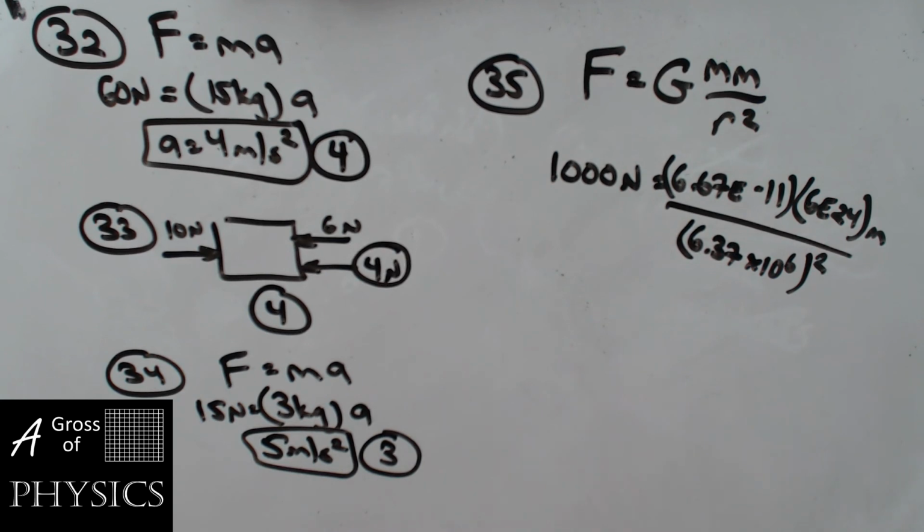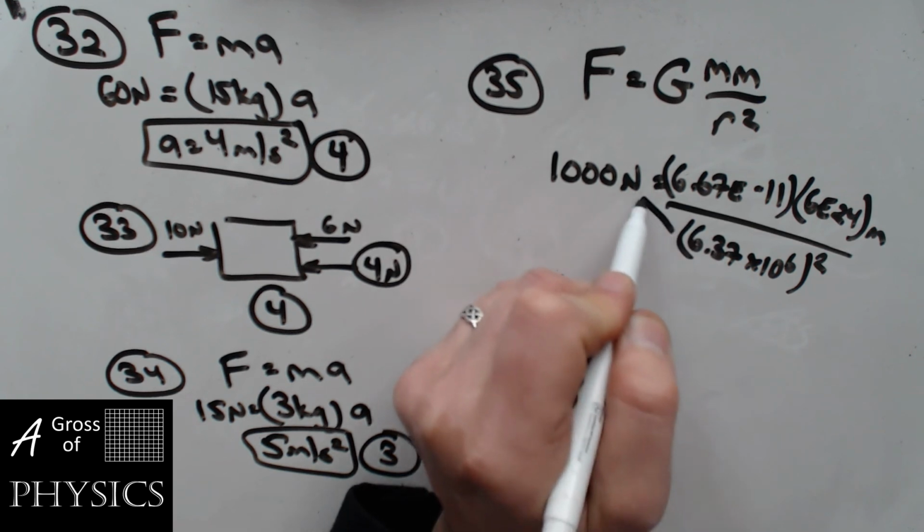You notice in part ones, I don't always use units. In part ones, you're not going to be checked for substitution with units. So what I'm going to do first is multiply 1,000 times 6.37 e6 squared. That's cross multiplying these two.